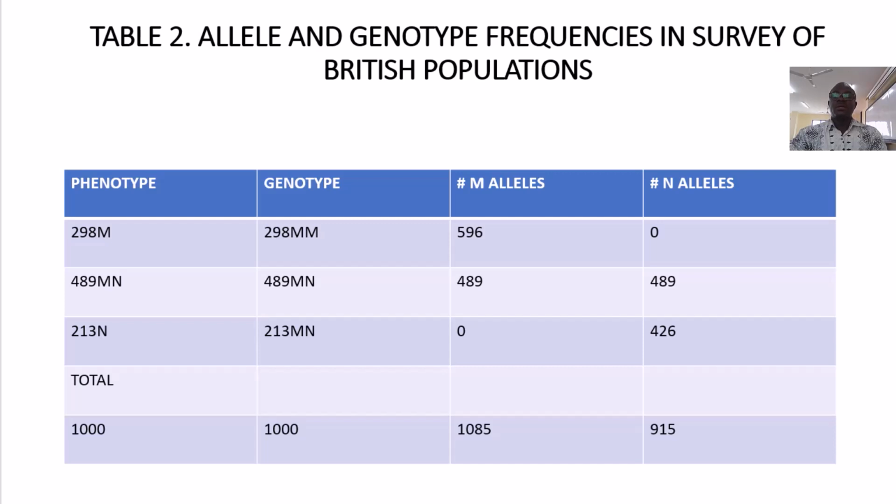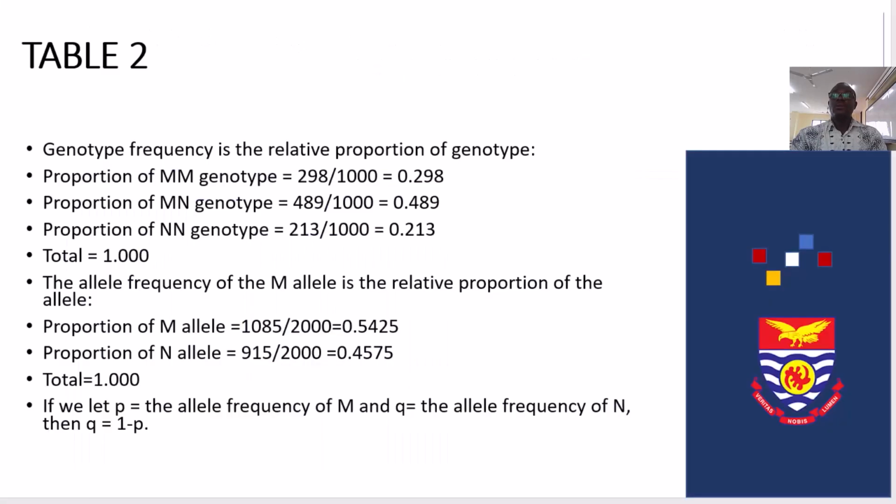Next, we have 489 MN, giving 489 M alleles and 489 N alleles. Then we have 213 NN, with no M alleles and 426 N alleles. The totals are 1000 individuals, 1085 M alleles, and 915 N alleles.